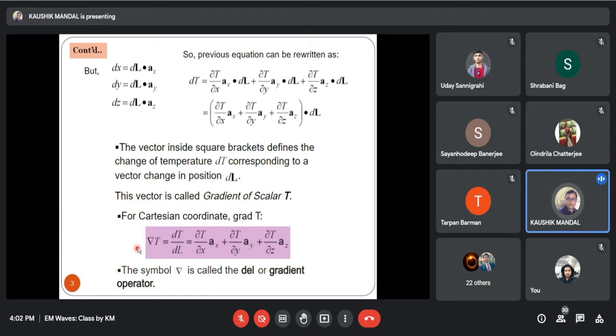So del T becomes dT by dl, that means del T del x ax plus del T del y ay plus del T del z az. In that way, the gradient of a scalar becomes a vector. Is it clear? So this is the representation of the del operator or gradient operator, that is the differential increment in the temperature due to the differential change in the position.